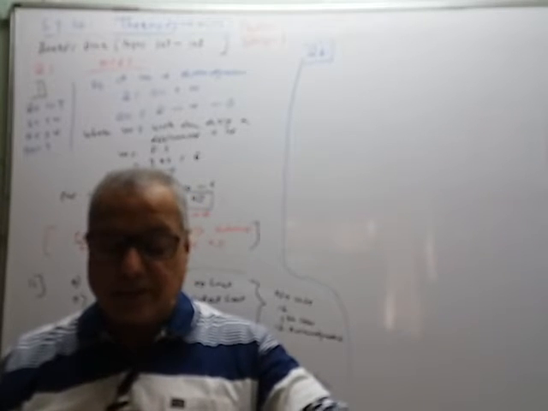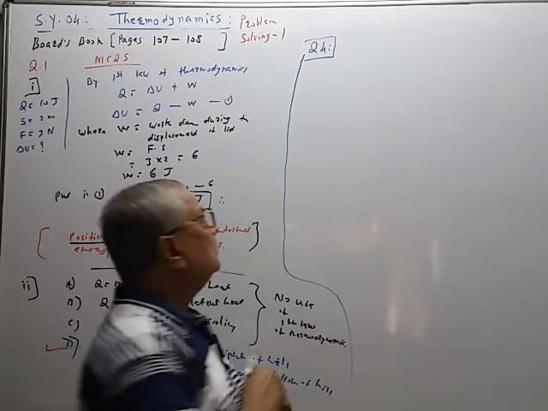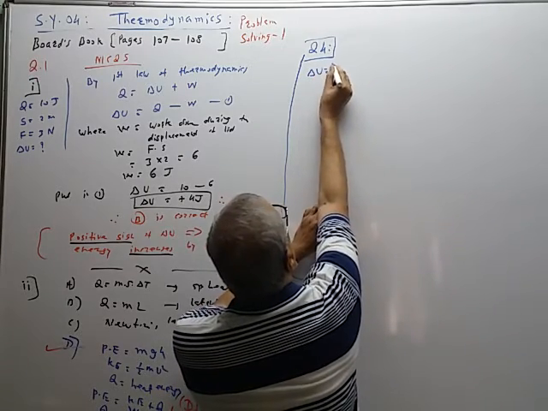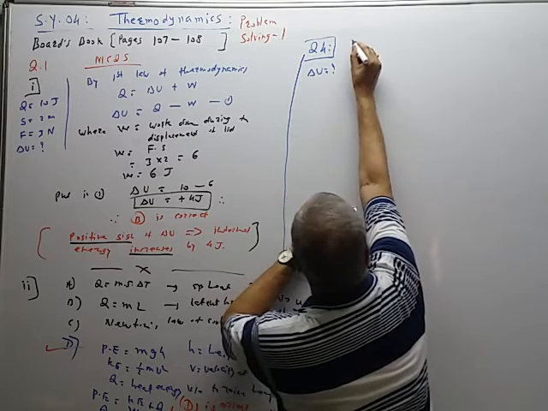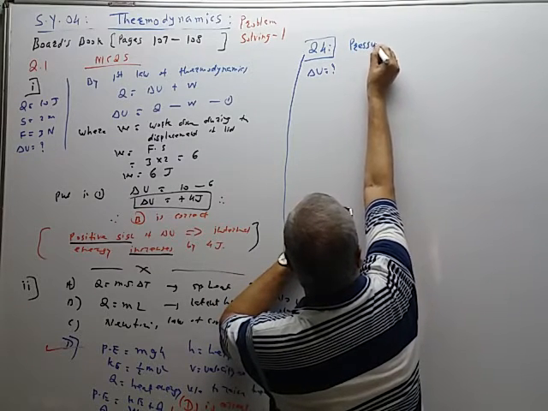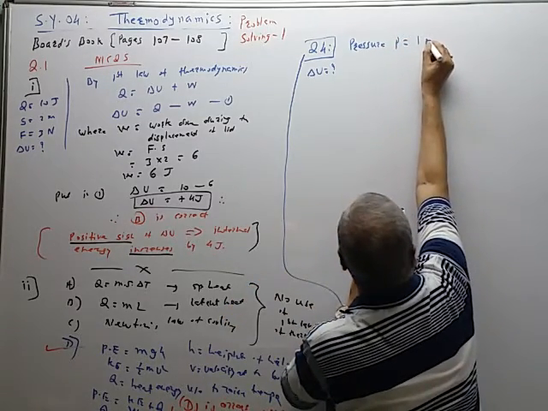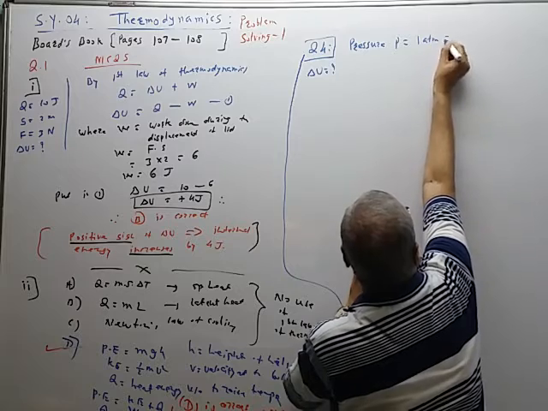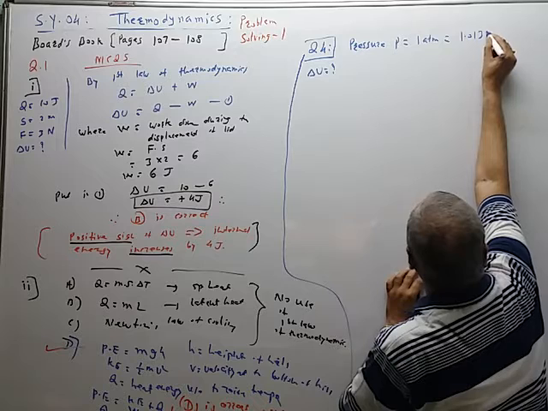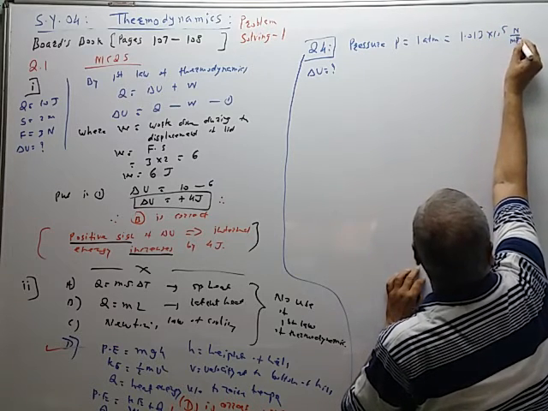आपल्याला डेल्टा यू काढायला सांगितलेलं आहे. So delta U is equal to question mark. Pressure P is equal to one atmosphere, and we know that it is equal to 1.013 into 10 raised to 5 Newton per meter square or Pascal.